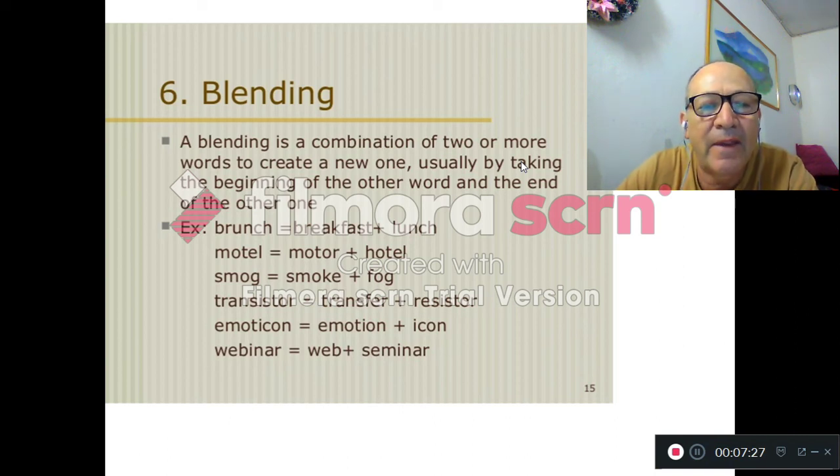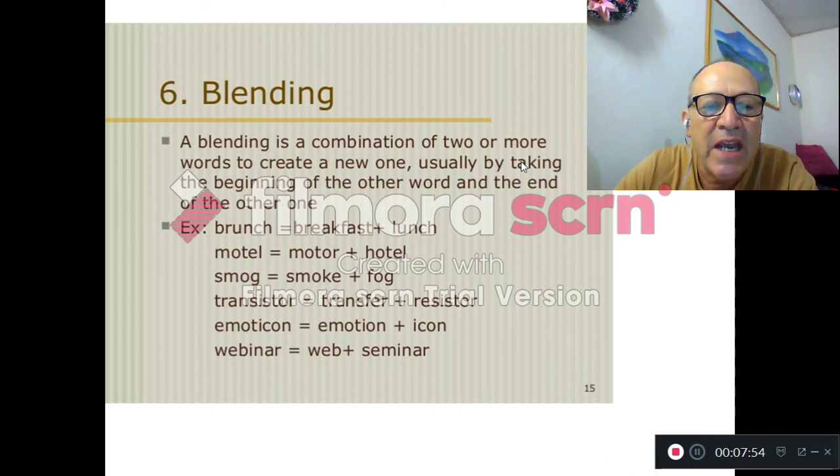We are taking the beginning of the first word and the end of the second word. The result is smog. What about transistor? We have two words with different meanings, transfer and resistor. We're going to take the beginning of transfer and the end of resistor. The result is transistor.